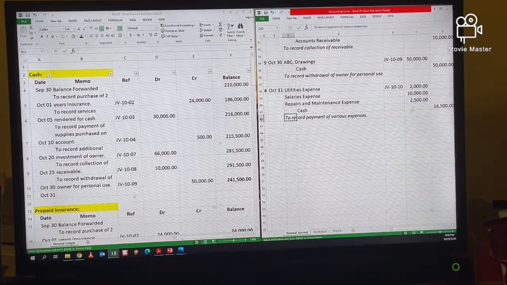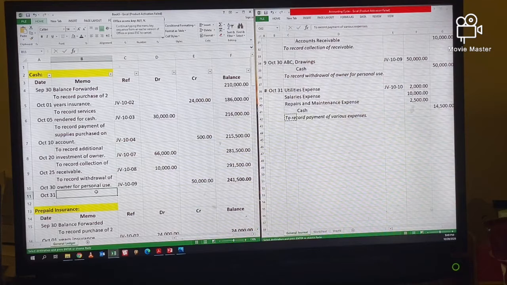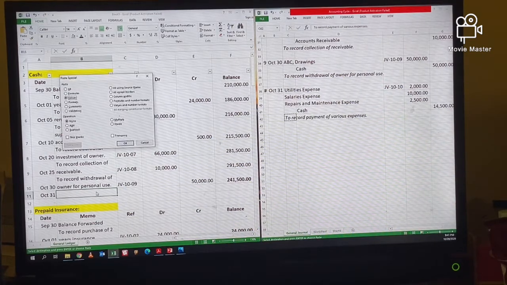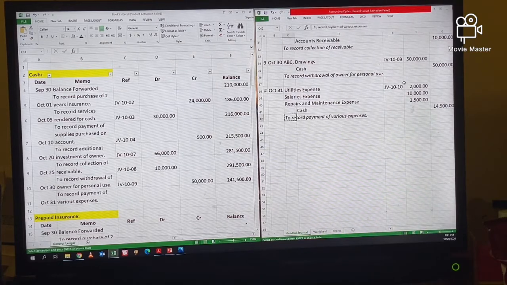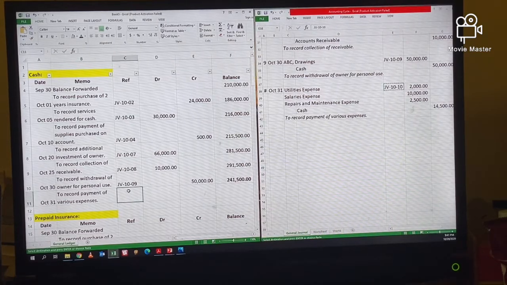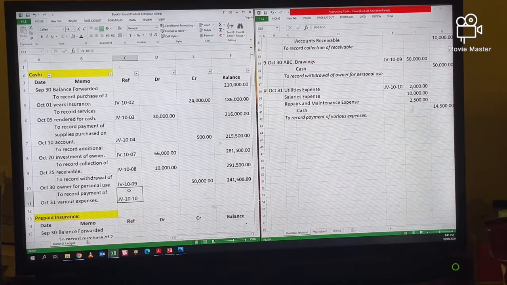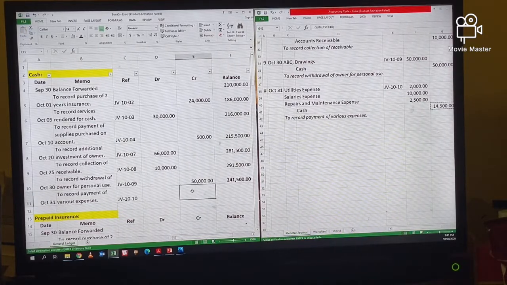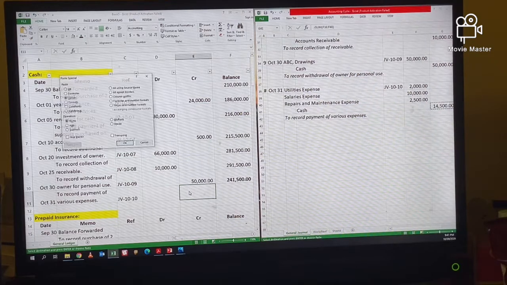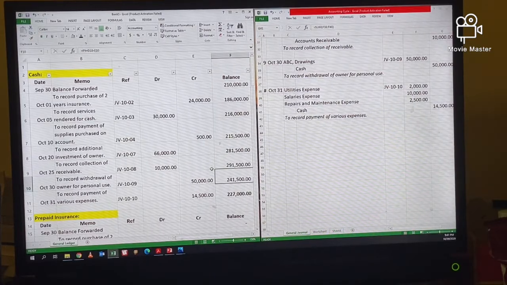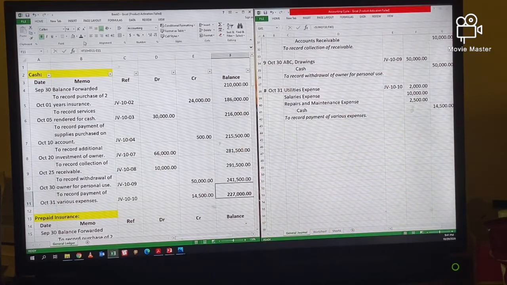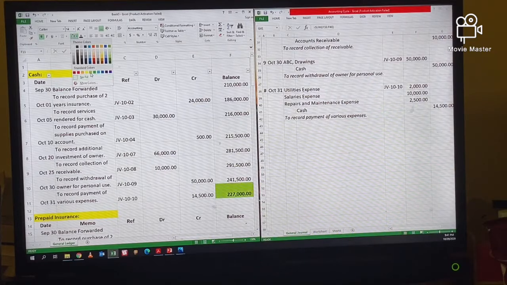Copy the journal, memo. Put the reference number. And okay, try credit. So your ending cash balance is 227,000.